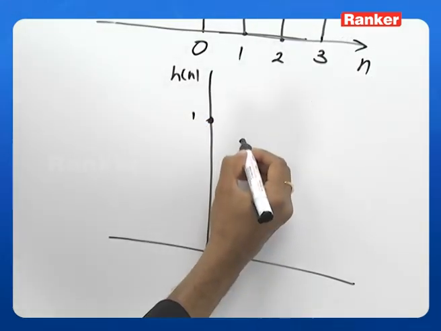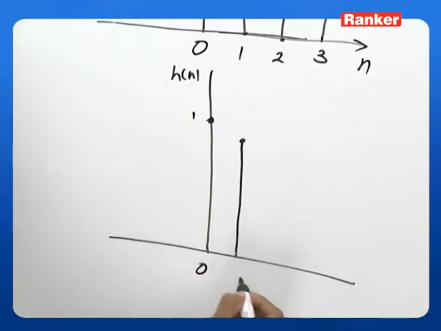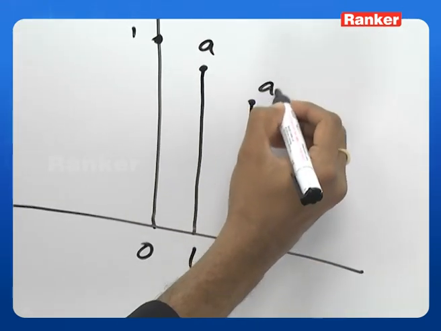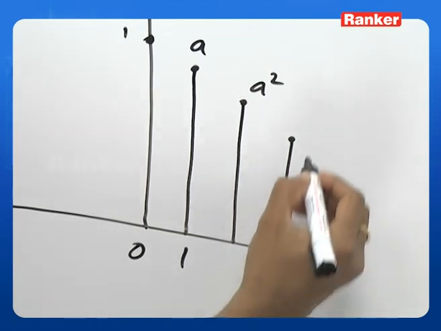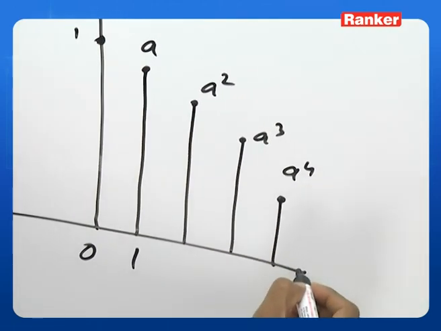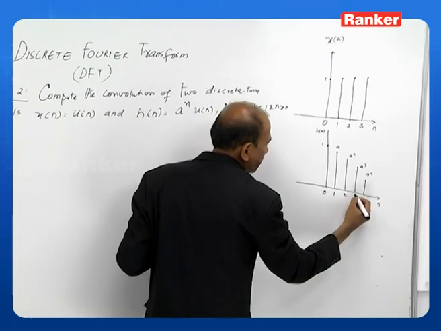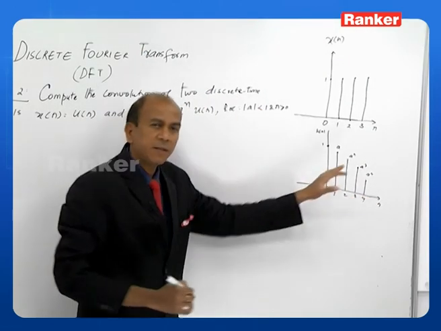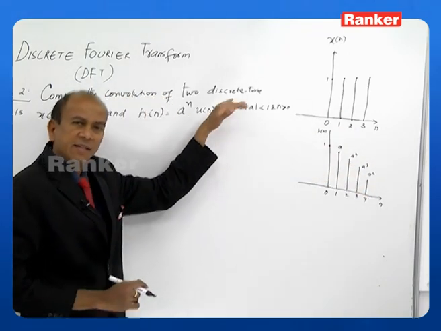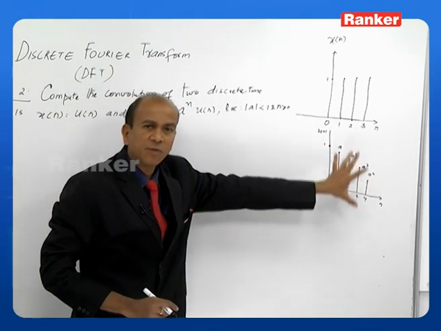Then this will be a, a square, a cube, a to the power of 4, like that it can have different values. This is n. This is the reason why the figure is like this, because a is less than 1. So these are the values which you have plotted.